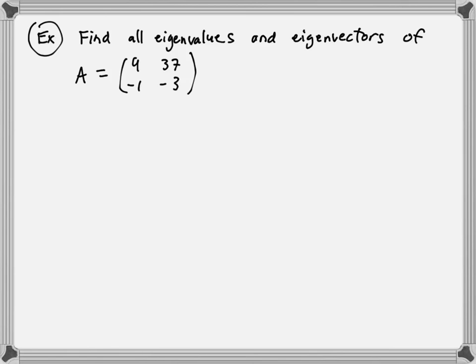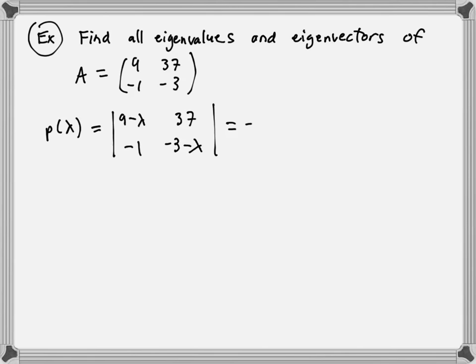So let's go ahead and write down p of lambda, which is our characteristic polynomial. Remember, this is the determinant of, you take away lambda from each of the diagonals. So it's 9 minus lambda, -3 minus lambda, this is 37, this is -1. We do this determinant. So what do you get when you multiply this out? You get the following polynomial.